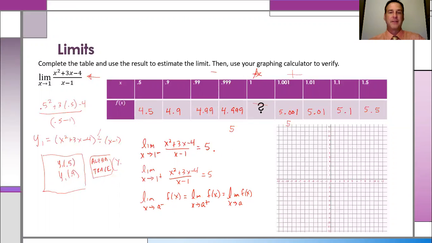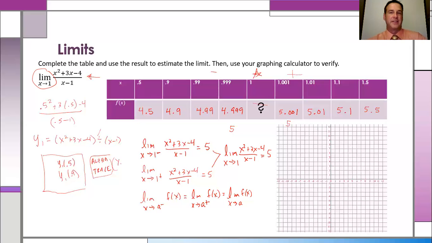Okay, and so basically, if these are both equal to 5, then what I can say is that the limit, which is what I ask for over here, as x approaches 1 of x squared plus 3x minus 4 all over x minus 1 is equal to 5.